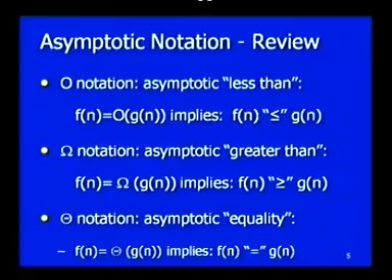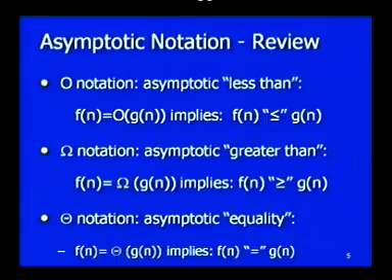Suppose we have two functions f of n and g of n. We had already seen that if f of n is less than or equal to g of n, that is if the growth is less, then we can assign a big O notation for that.